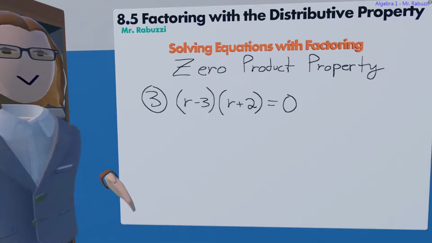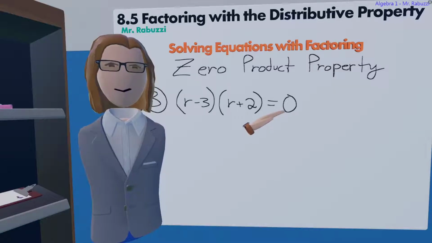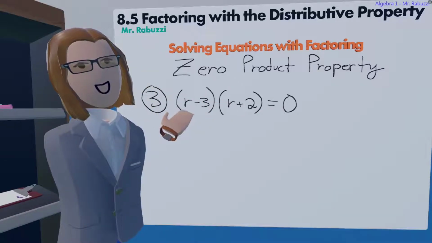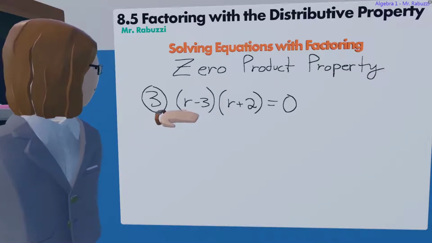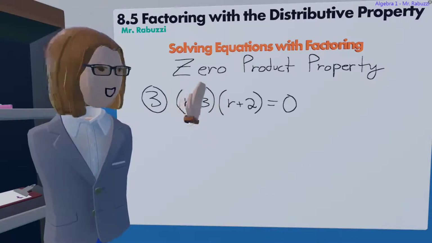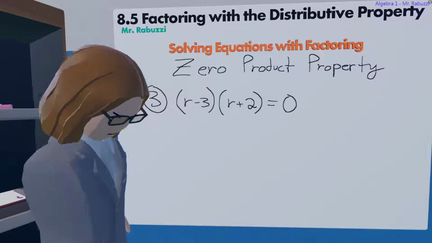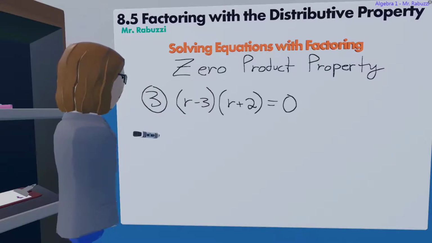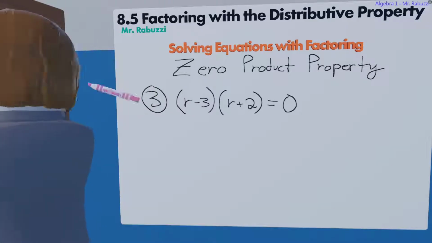So if we want to use the zero product property, remember the end of it has to be equals 0. I mean, maybe the 0 is in the front, but it has to equal 0, or 0 equals. Because we have two parentheses next to each other, that means multiply. And if we're multiplying things, each one could equal 0. So let's split it up like that.